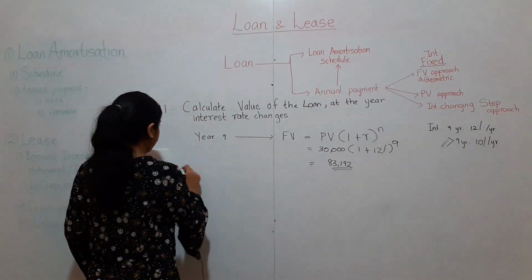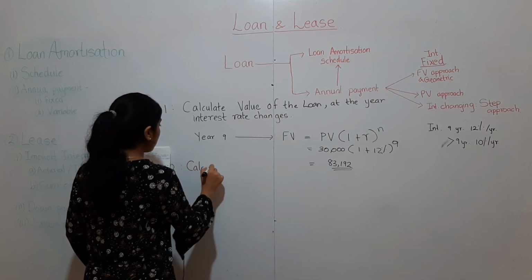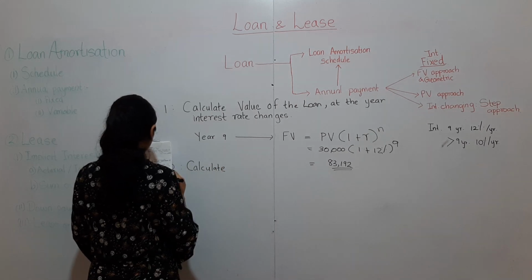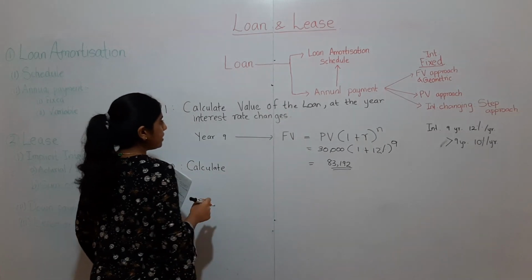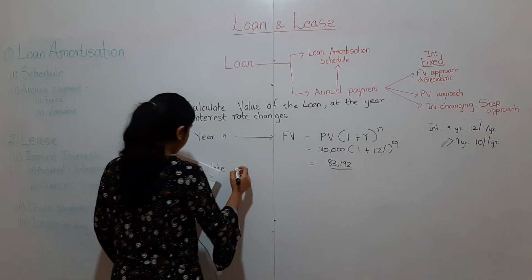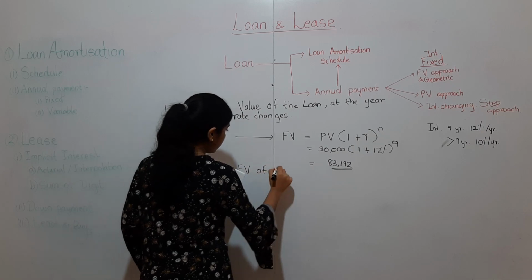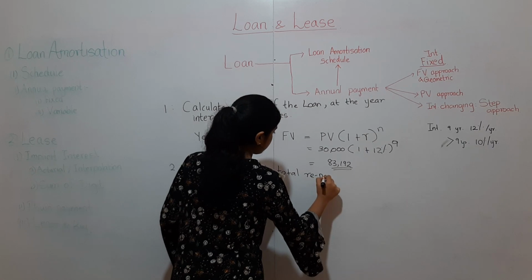Second step, calculate the future value of total repayments at the end of the year in which the interest rate changed. So calculate future value of total repayments.